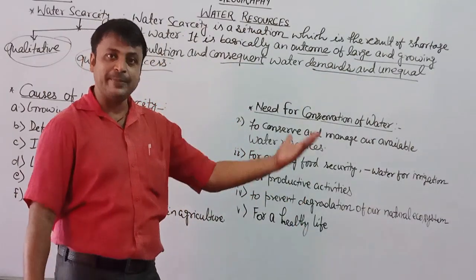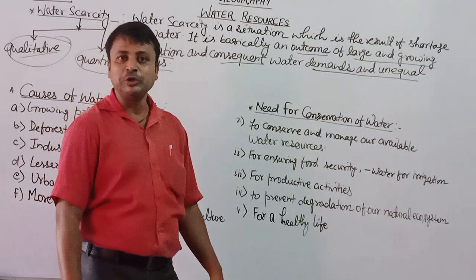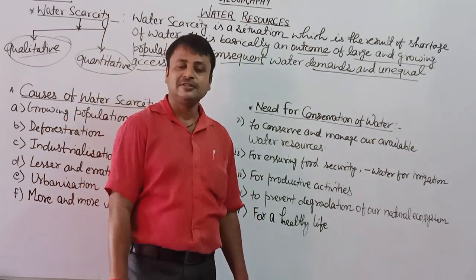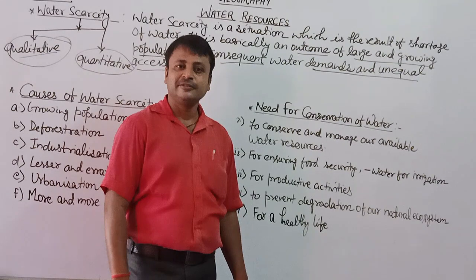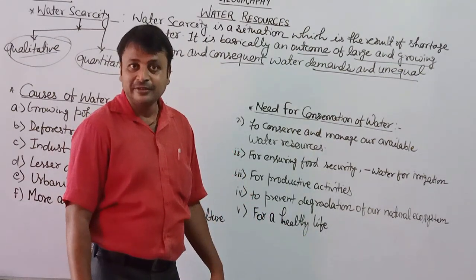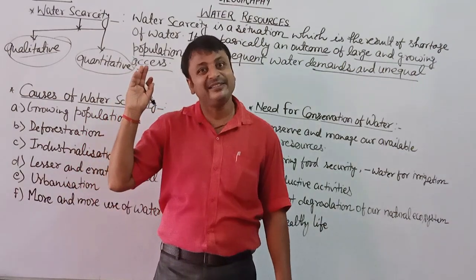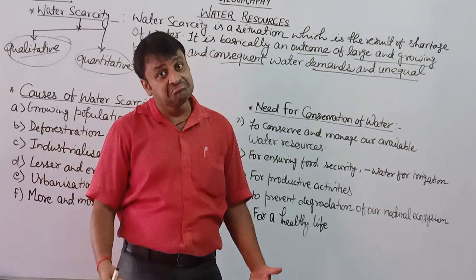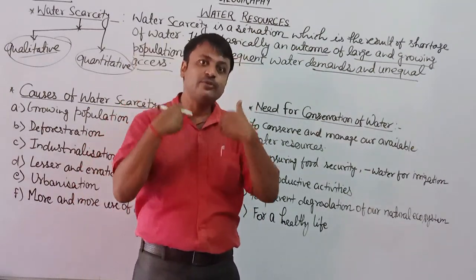Unequal access. You have access to water. You are using that fresh water to wash your bike, wash your car, just to clean your house. And somewhere people are just dying only due to the scarcity of water. Unequal access. Even rainfall is uneven.